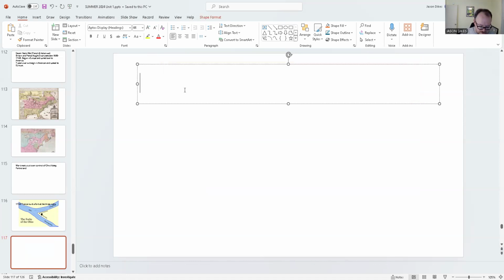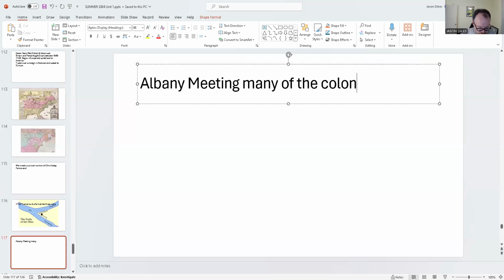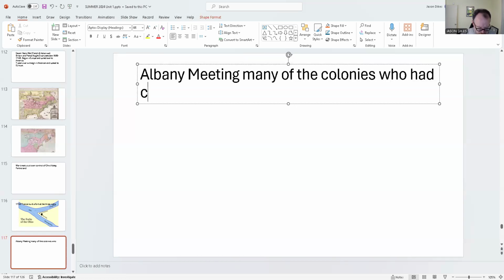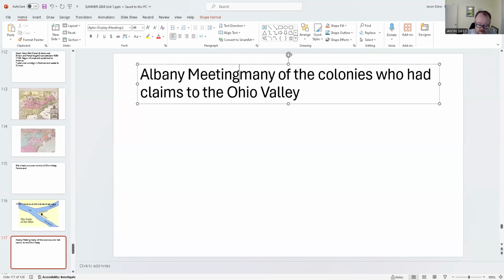A meeting was held same year, we're still in 1754. A meeting called the Albany Meeting, and this was a meeting of many of the colonies who had claims to the Ohio Valley.